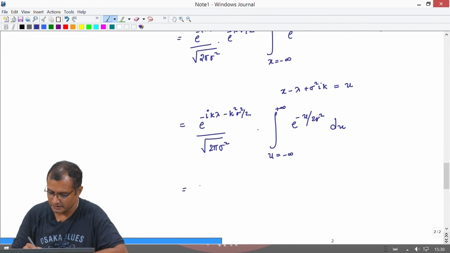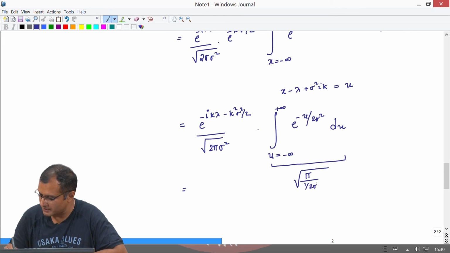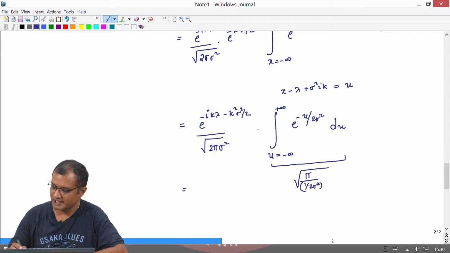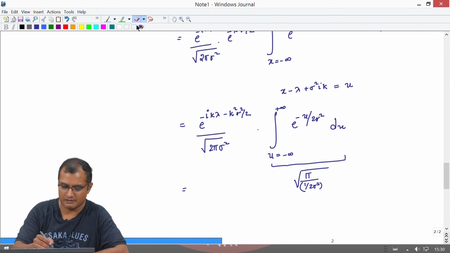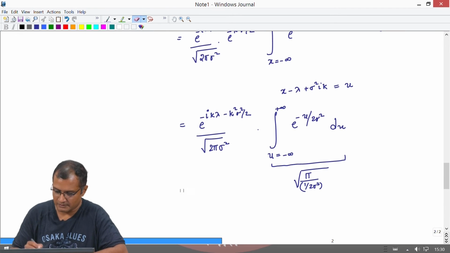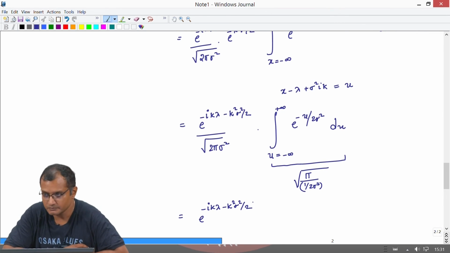Gaussian integral tells me that this integral is nothing but square root of pi by 1 upon 2 sigma square, which will cancel off with the denominator, and I will simply get e raised to minus i k lambda minus k square sigma square by 2. Everything will cancel.